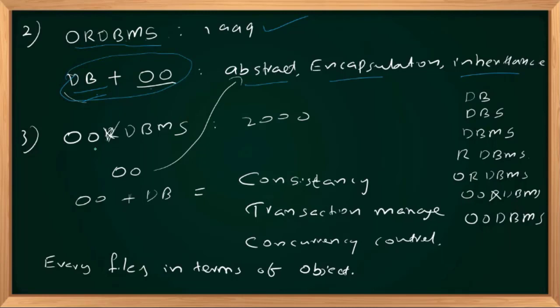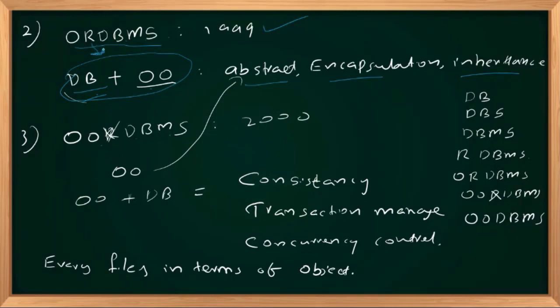And the third one is also a similar one. What is the R after O? It means object relational database management system.